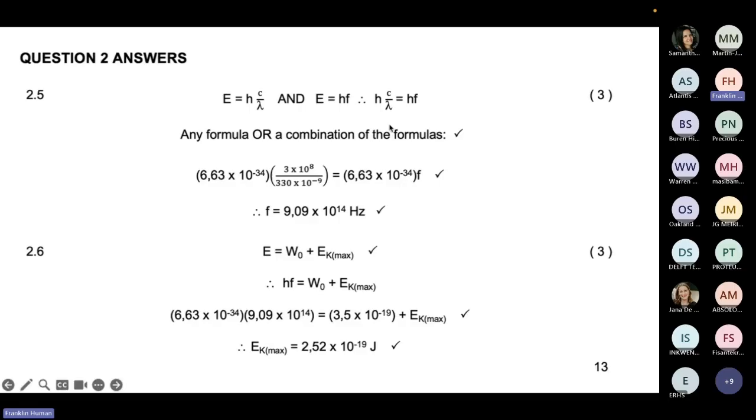It is so easy to find the value for lambda, because h is a constant, and the speed of light in a vacuum is also a constant. Therefore it is so easy to find the value for our unknown using this equation.